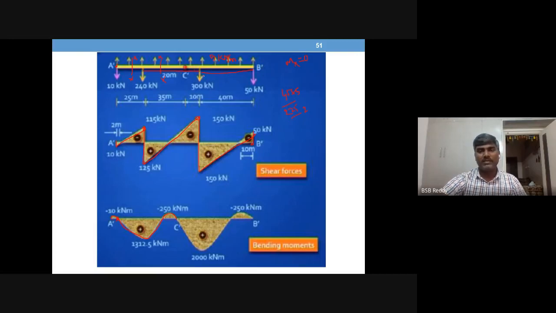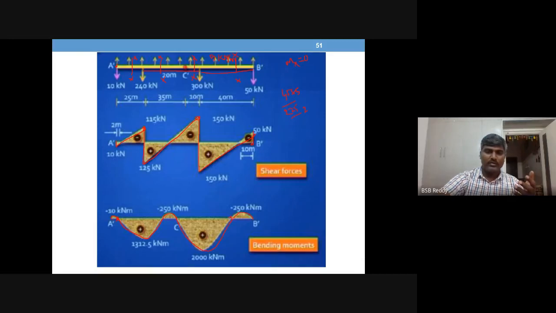Write the Mx equation. Between C dash and 300 one more section. Between 300 and 50 one more section. So you need to take four sections and you have to write four moment equations. Then you are able to complete this BMD.